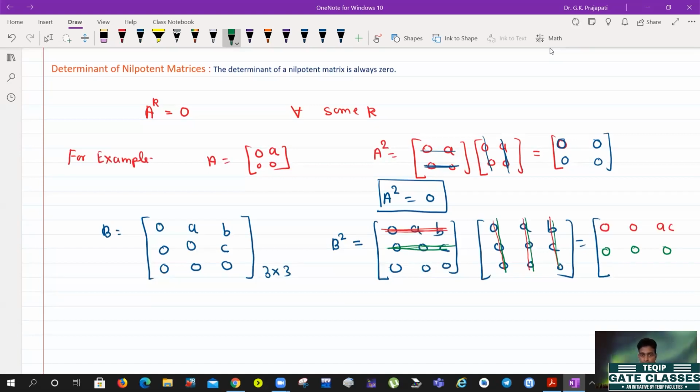And from the third row, since each element of the third row is 0, it again gives 0, 0. This is B square. We want to find B cube.